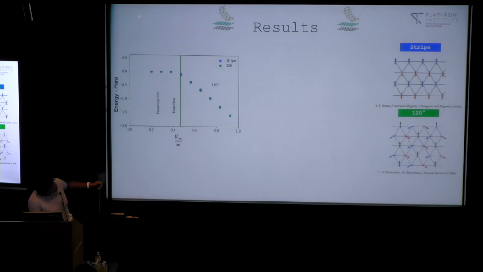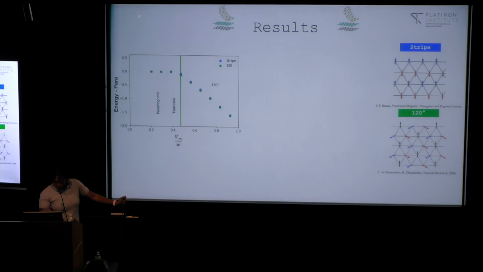So in this first plot, the y-axis is showing the energy of these two magnetic phases relative to the paramagnetic phase because we're looking for the least energy state. And then the x-axis is the V sub m over W, which I spoke about earlier, to ensure that we're running the calculations at moire potentials where we'd expect to see an effect.